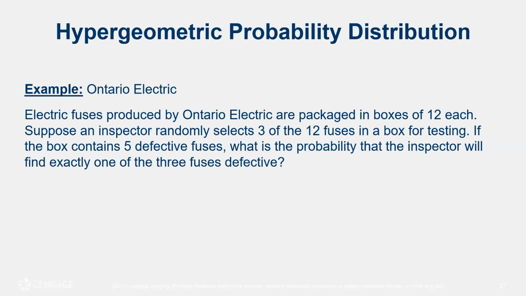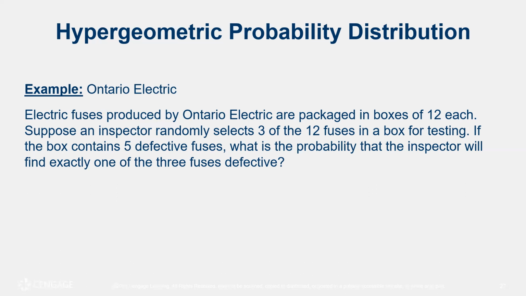So in the earlier binomial probability distributions, the flip of the coin as an example, what I got on one heads has no effect on what I get on the next one. But in this case, I have 12 fuses in a box, and I pull out 3. 1, 2, 3. Okay.